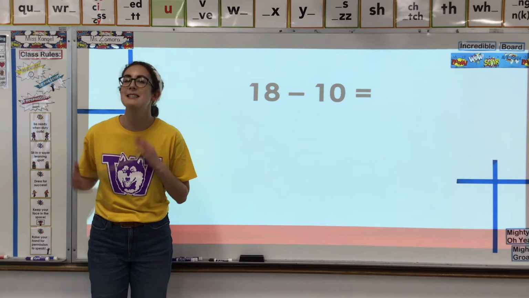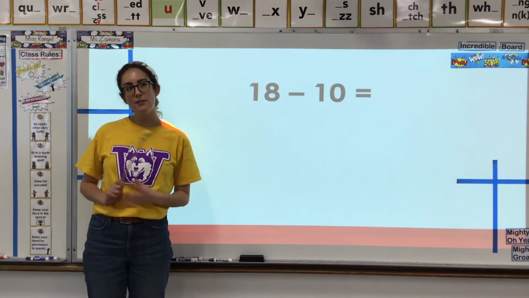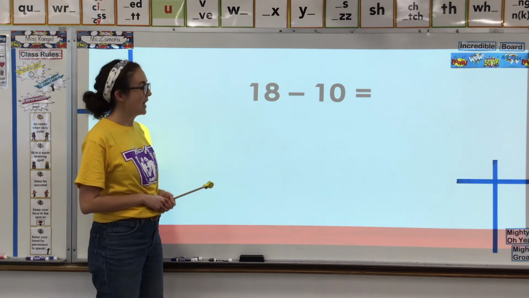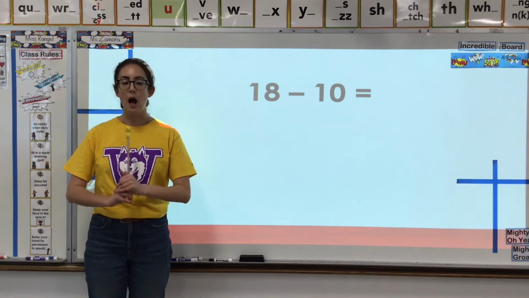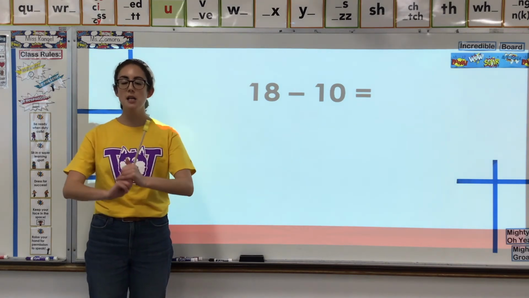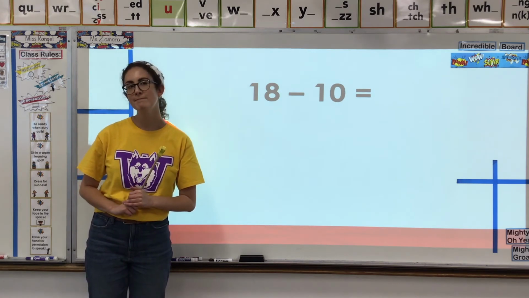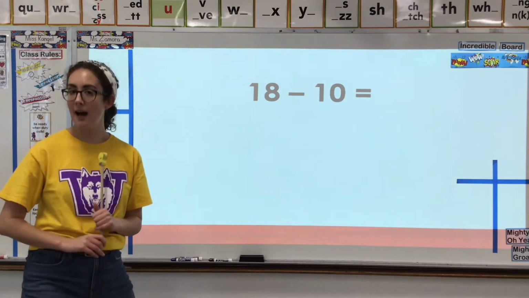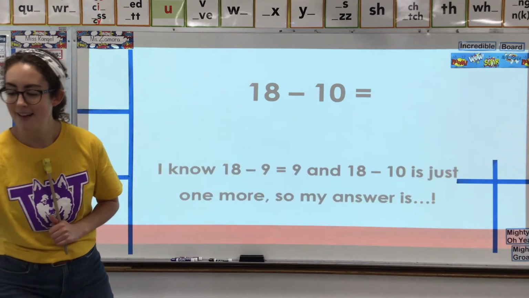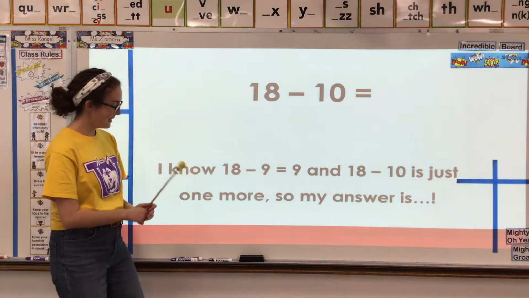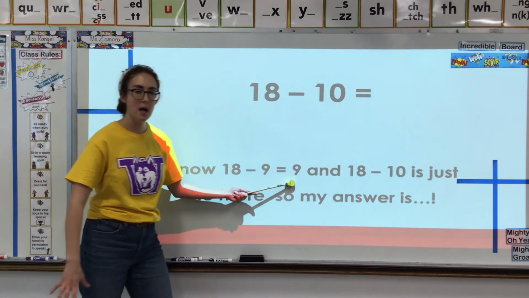18 minus 10. What's a similar fact we know with 18 and has to do with our doubles? I know 18 minus 9 equals 9. So I know 18 minus 9 equals 9.